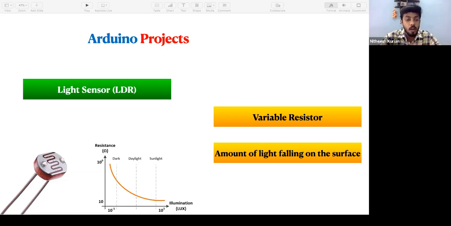So we need to convert this variation of resistance into voltage. Do you have any idea how we convert this variation in resistance to variation in voltage? This is basic electronics actually. Students, any idea?